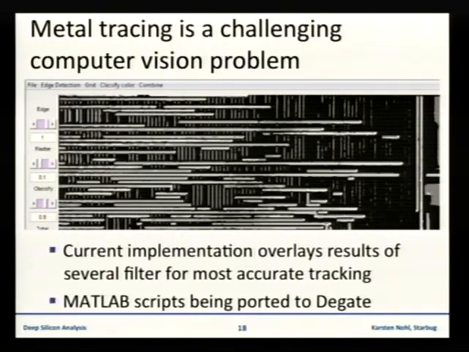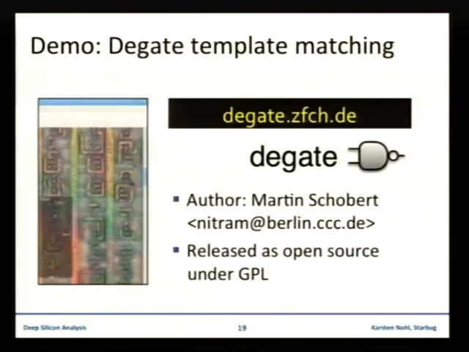So we are fairly confident that we can even recognize small metal wires on large chips where we only have bad pictures, using an overlay of many filters plus this meta information. That's going to come as a DGate extension later this year.